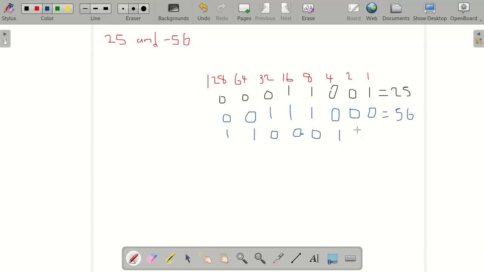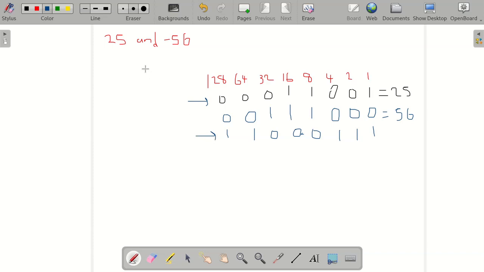So these zeros become 1's. This is our final outcome. Because it's just 1's complement, there's no need to go into 2's complement by adding 1. So this is our 25 and this is our negative 56 in 1's complement.